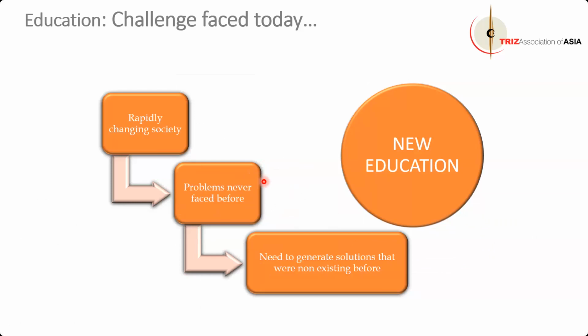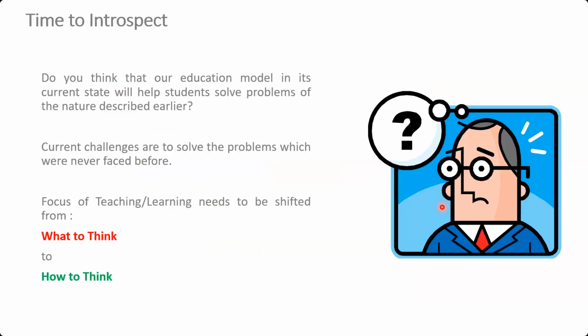By the time we understand the technology and are ready to solve its problems, the technology is already washed out. It has drastically changed, and something new has come. So we need to generate solutions that did not exist before as well. This is how the new education should be. Now, how to do it?